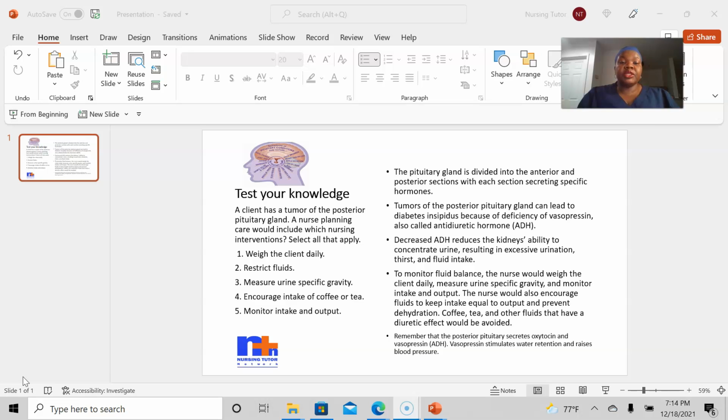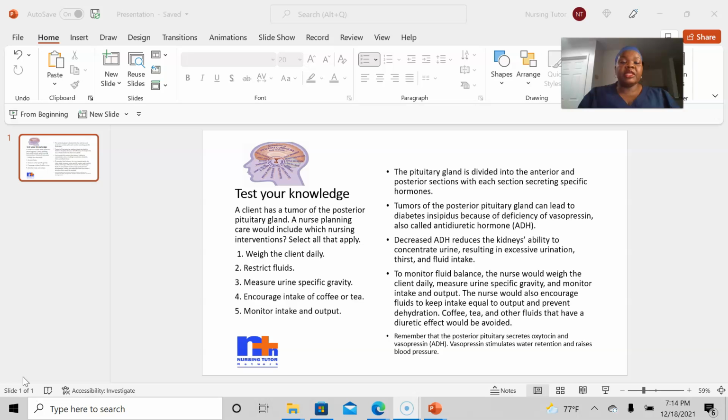In order to answer this question, you need to remember that the pituitary gland is divided into the anterior and the posterior, and each section secretes specific hormones. Tumors of the posterior pituitary gland can lead to diabetes insipidus because of deficiency of antidiuretic hormone.